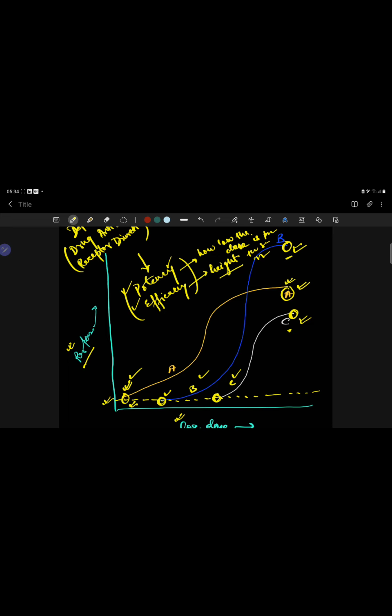So if we compare efficacy in terms of height, then B will be more than A, which will be more than C. For a particular dose of the drug, we see that B is producing more effect, more response. So it is more efficacious, it has more efficacy.